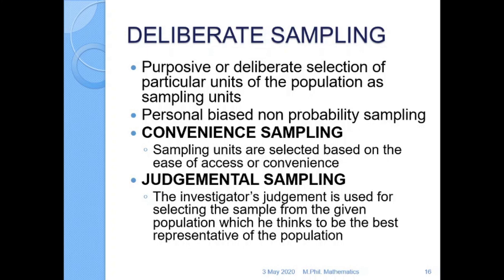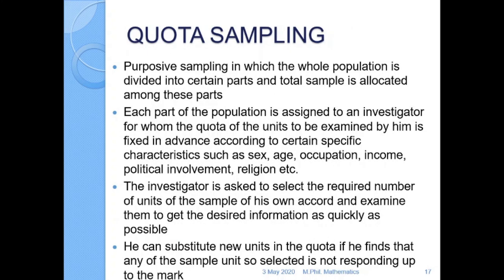The member of the population which he thinks to be the best representative will be selected by the investigator. That's termed as judgmental sampling.